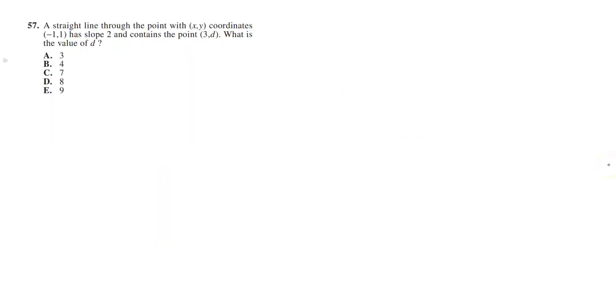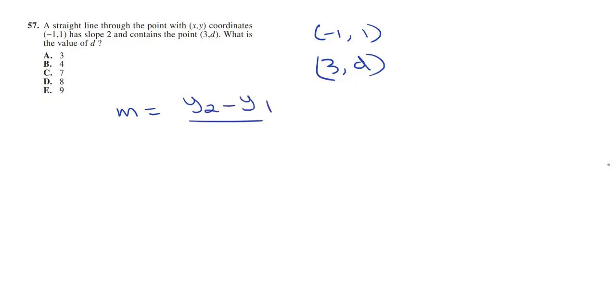A straight line goes through the point with xy coordinates -1, 1 and has a slope of 2, and also contains the point 3, d. So let's get our slope. The slope is y2 minus y1 over x2 minus x1, and we're told our slope is 2.